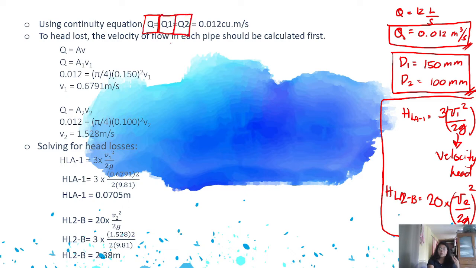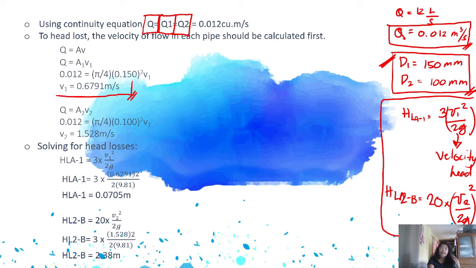So 0.012 cubic meter per second equals A1 V1, which is pi over 4 times 0.15 squared times V1. You get the velocity at point 1 as 0.6791 meter per second.